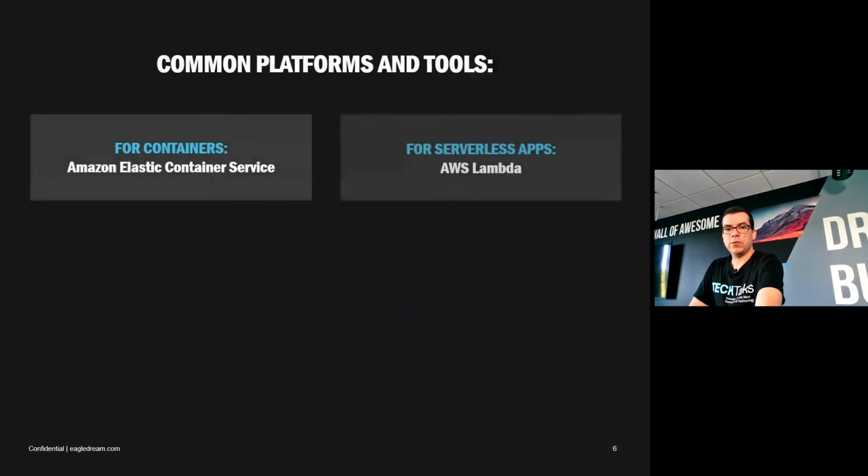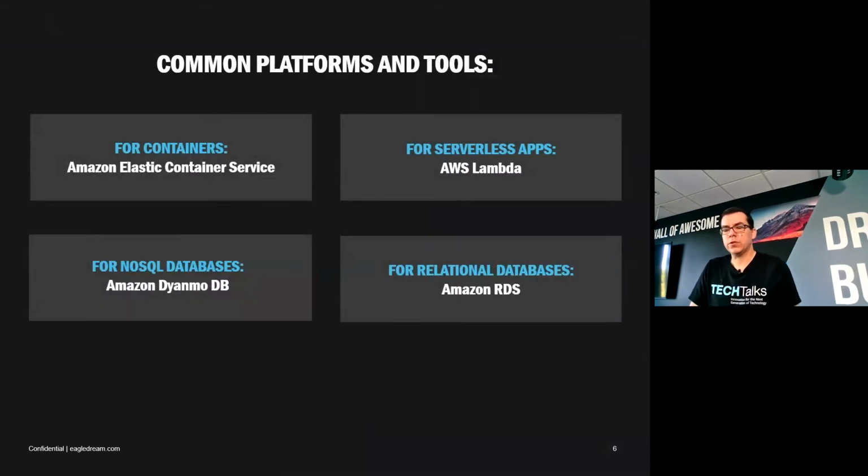So several tools are used in AWS for this type of development. You can do containers in AWS ECS, and that's the platform that they use, that you can have your Docker containers and all that managed on the environment. For serverless applications, you use Lambda, which is the main service provided by AWS to create this microservice. It's cornerstone.